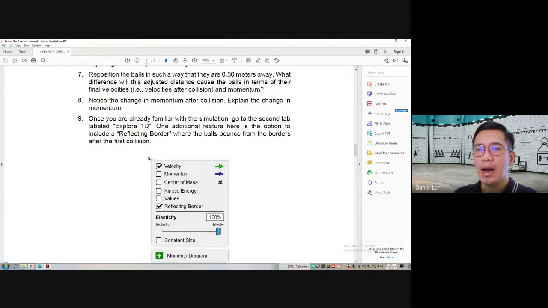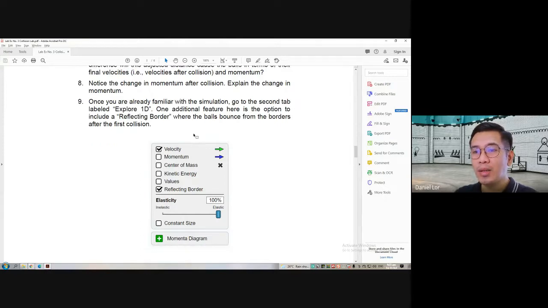Again, our baseline here is we should see in the simulation the law of conservation of momentum. Once you are already familiar with the simulation, go to the second tab labeled Explore 1D.